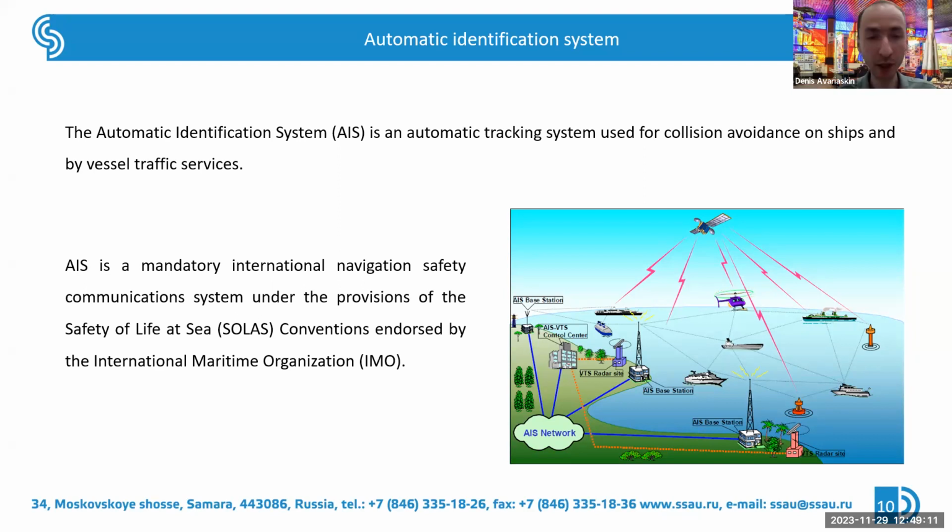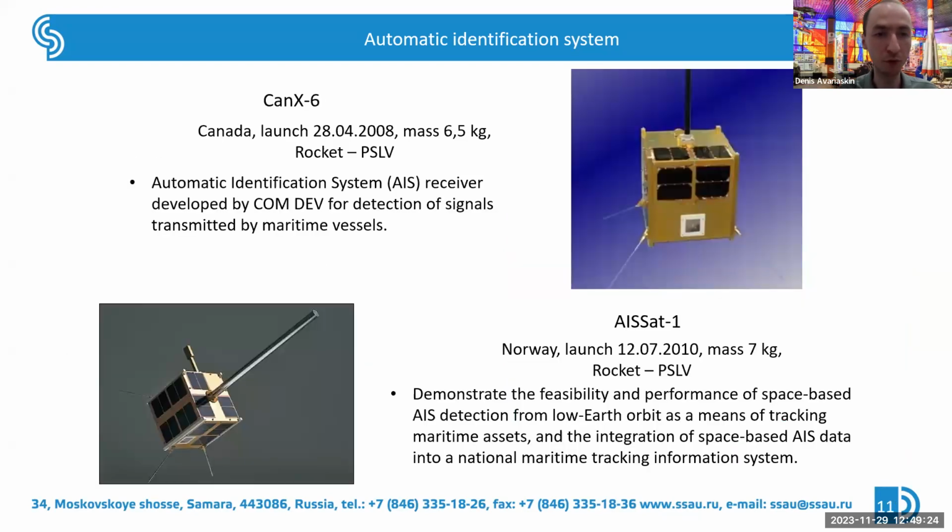We can use these sensors that receive signals from ships, and we can control the traffic of ships. And here are some examples of nanosatellites that were used for these kinds of purposes. This was a Canadian satellite and a satellite from Norway.